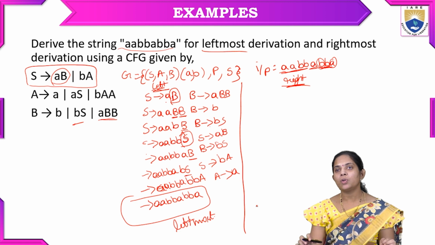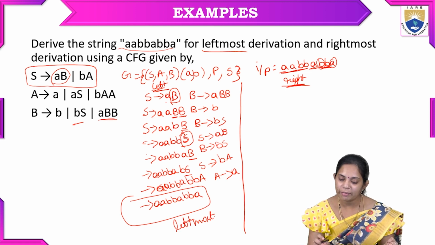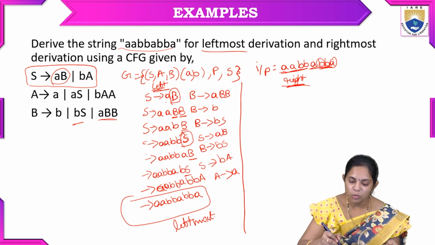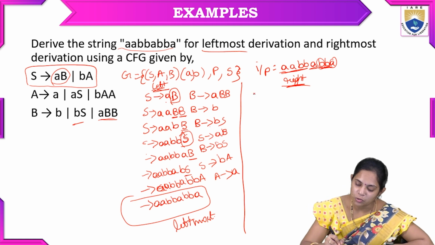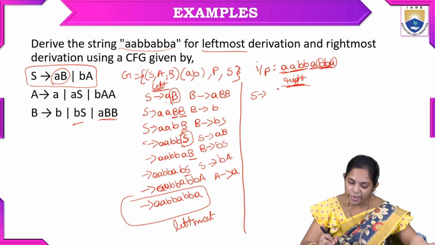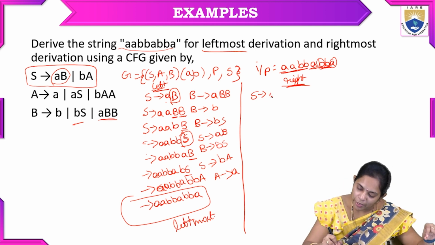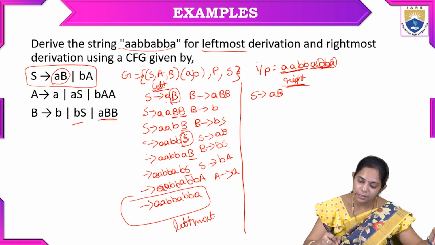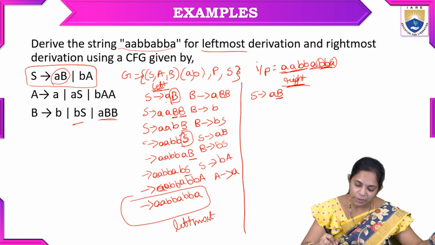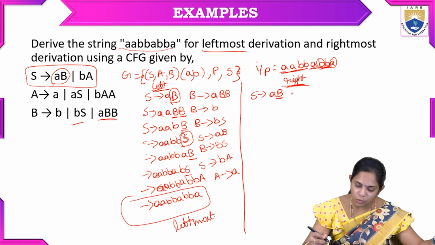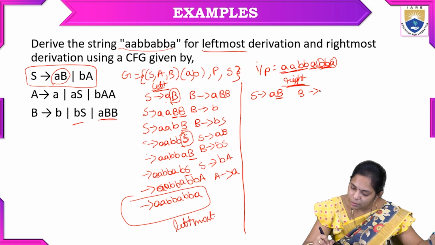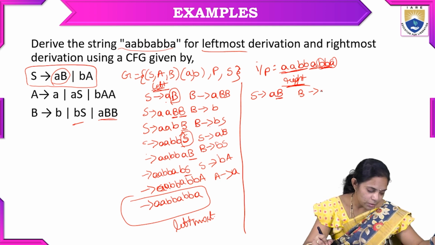Like that, we will also derive the string with the rightmost derivation using this production rule. So let me take S tends to AB, we will write. Here only one non-terminal is there, so we will substitute this non-terminal. B tends to what we require for the non-terminal. So B tends to a, b, b.